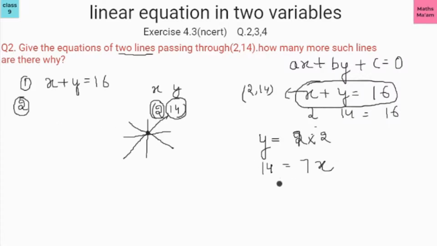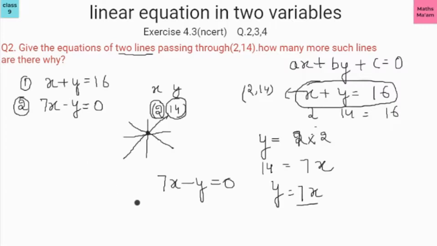So we can also write y is equal to 7x. Or we can say 7x minus y is equal to 0. This is another equation for the second line, right? Like this we can form any number of combinations for 16.